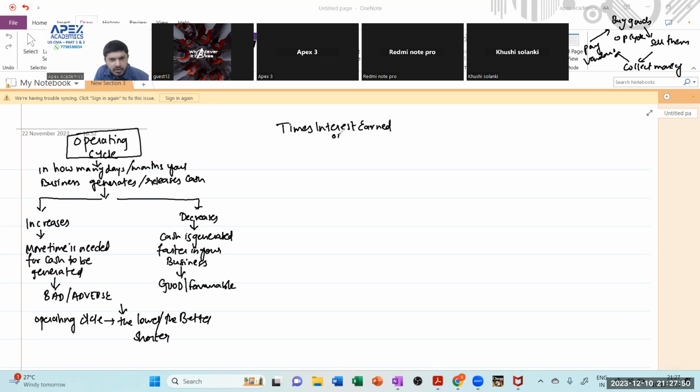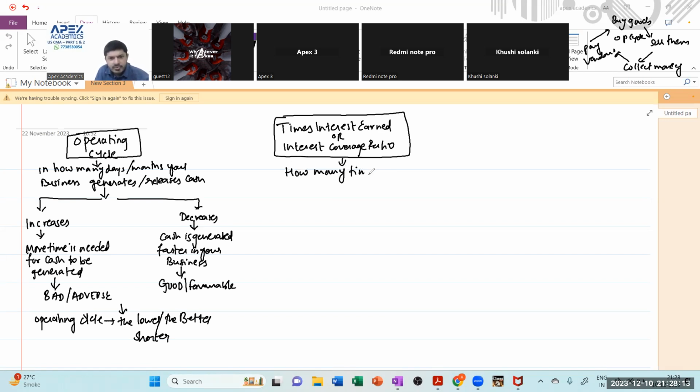Times interest earned, or interest coverage ratio. What is the meaning of this?